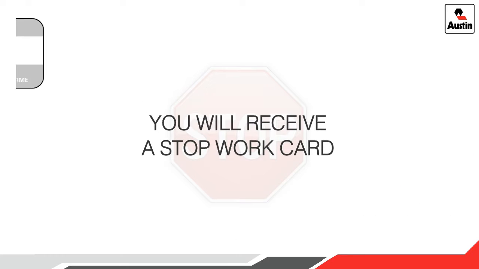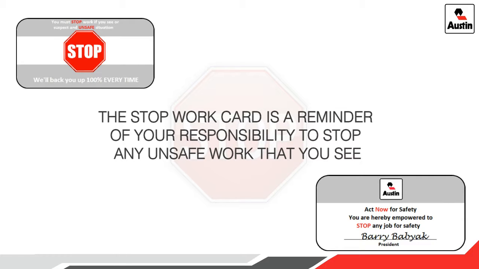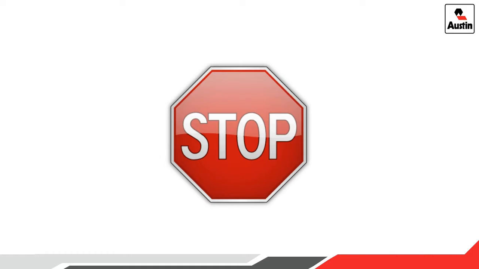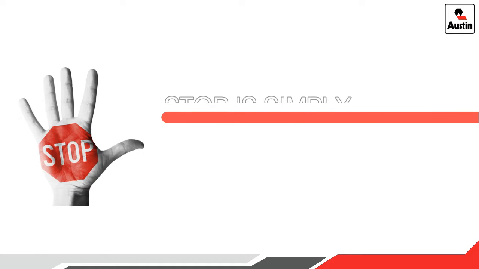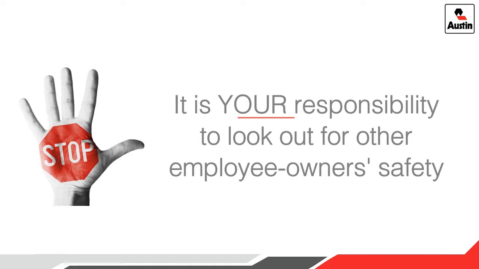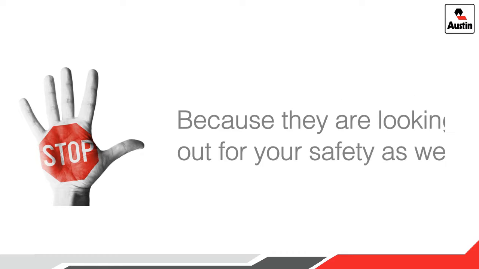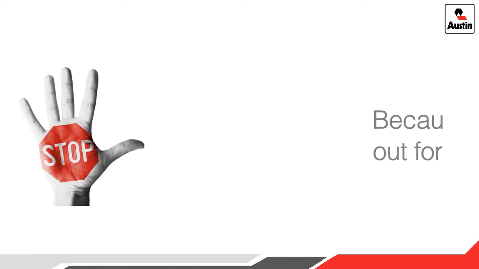Stop work cards will be issued to each employee owner. This stop work card gives the employee owner the responsibility to stop the work when an unsafe act is taking place. Stop is simply about people caring for people. It is your responsibility to look out for your fellow employee owner's safety, knowing that they are doing the same thing for you.